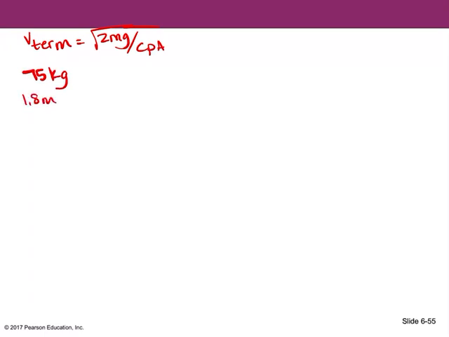And let's say that that person is 1.8 meters long and 0.4 meters wide. Okay, if you do the area of 1.8 times 0.4, you would get 0.72 meters squared.